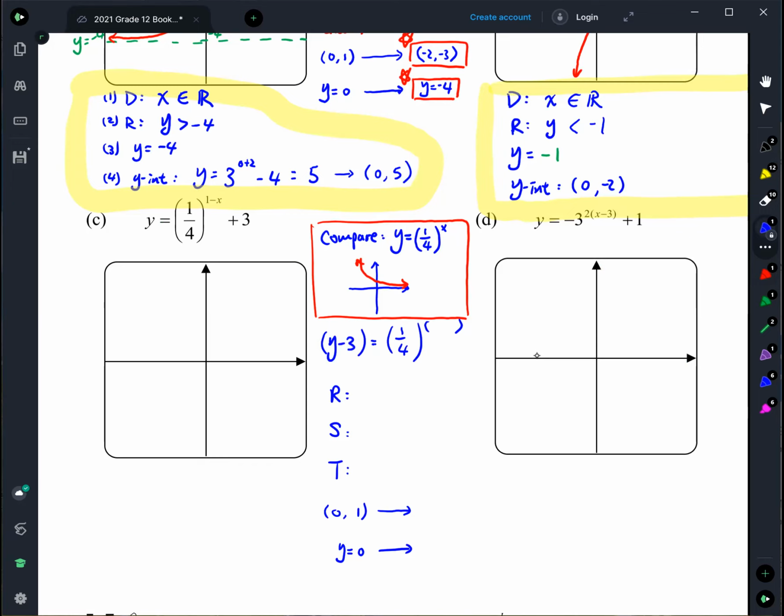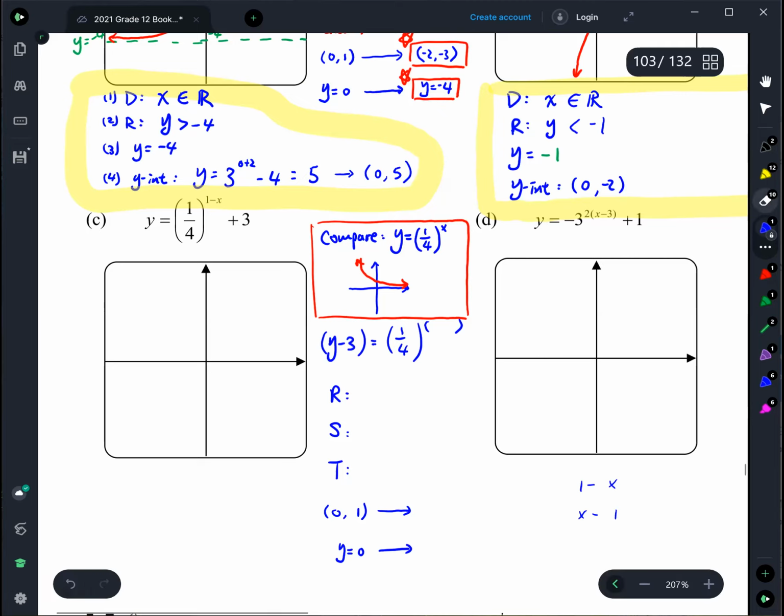No. Okay, for the story form, the variable has to be at the front, but in the question we have 1 minus x. How can we fix it so the x is at the front? x minus 1. Is 1 minus x the same as x minus 1? Well, can you move the x around and divide by -1, right? Yes.